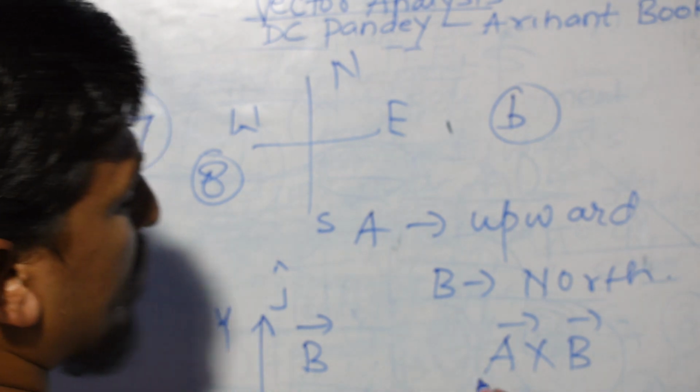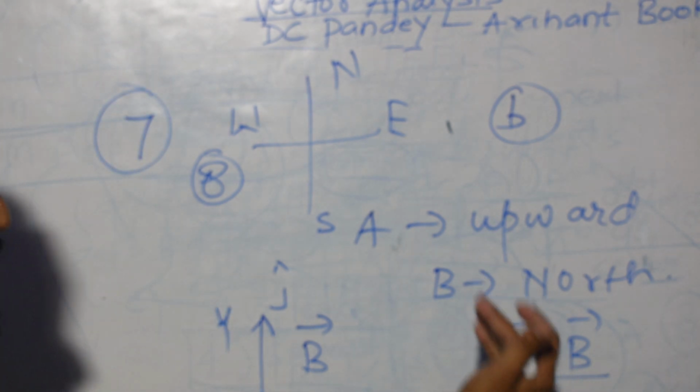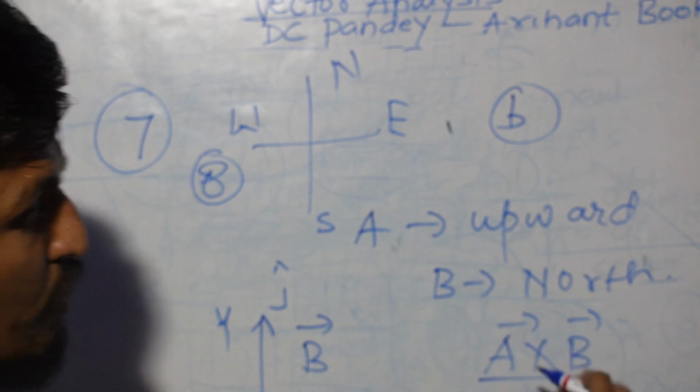Now see, how will you find the direction of A cross B?